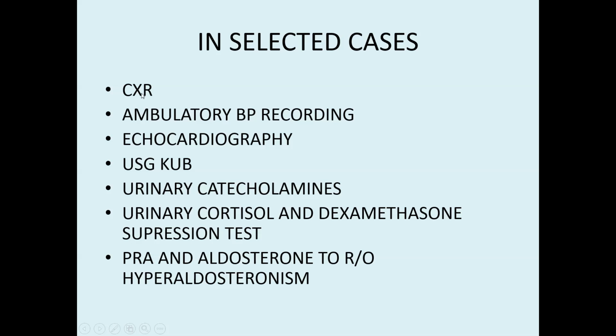X-ray chest to see for coarctation of aorta, ambulatory blood pressure recording if you are suspecting masked or white coat hypertension, echocardiography if you are seeing any signs or symptoms of heart failure in the patient, ultrasound KUB if you are suspecting polycystic kidney disease or renovascular hypertension, urinary catecholamines to rule out pheochromocytoma, urinary cortisol and dexamethasone suppression test for Cushingoids, and plasma renin activity and aldosterone to rule out hyperaldosteronism.